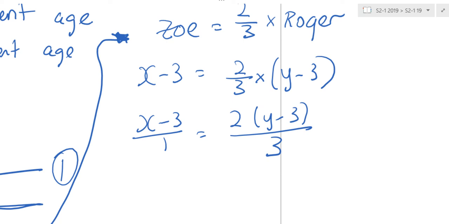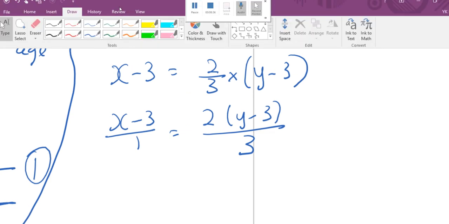Okay, let's try again. Now, why is it like that? The left side, is it okay? x minus 3 means x minus 3 over 1. Is it okay? Left side okay? Okay, right side. Now, 2 times this actually means, can you write in side working?